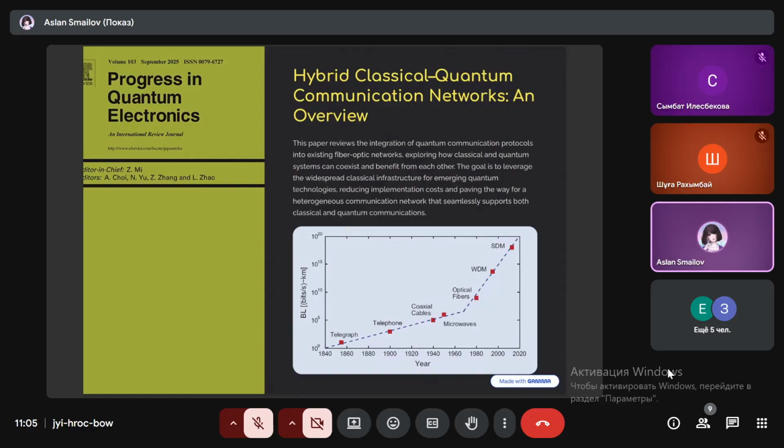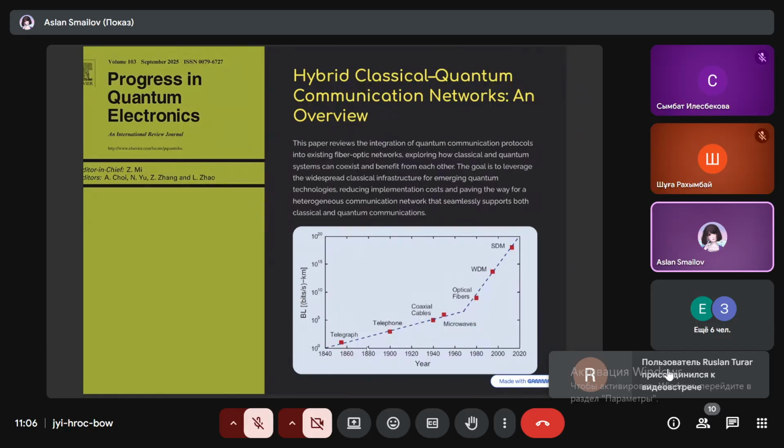What does it mean? It's like the information that we can share over some distance. And as you see in the graph, this number increases during the years by using many other tools.